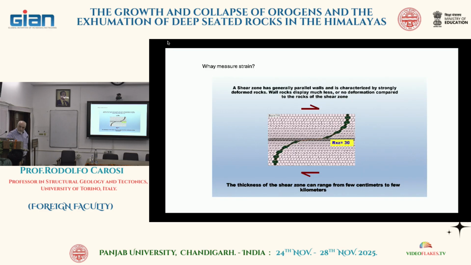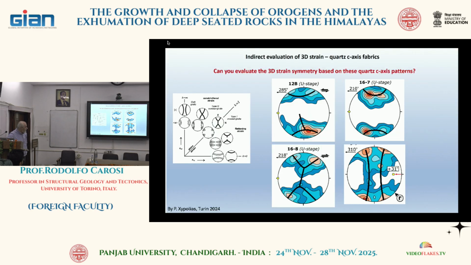Just keep in mind that it is very useful because you can detect the sense of shear, the vorticity, the kind of strain ellipsoid. You can use quartz because it's easy and very common, but we use calcite for the South Tibetan Detachment, because in central Nepal and western Nepal, the Greater Himalayan Sequence is made by calc-silicate rocks in the upper part, and the Tethyan sequence is made by marbles in the lower part.